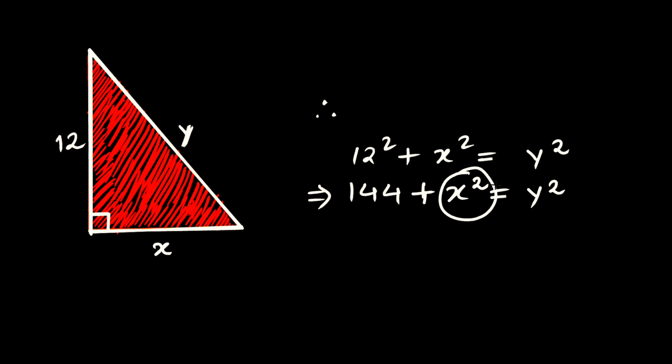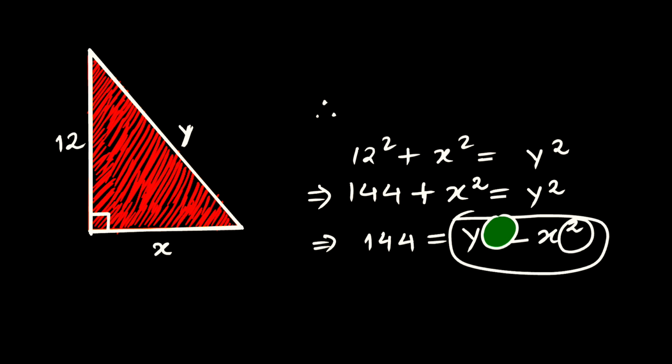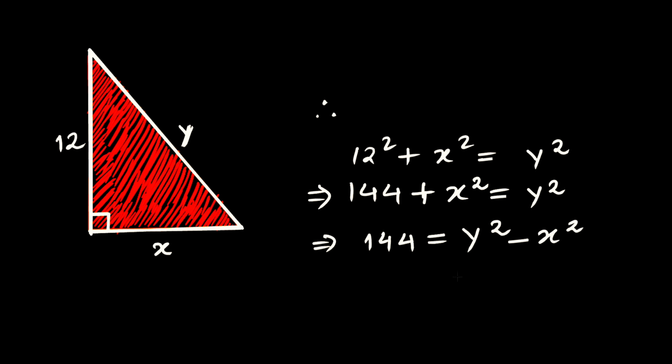Now let's move x squared to the other side. That gives us 144 equals y squared minus x squared. Notice what appears on the right side. We have a difference of squares, and whenever we see y squared minus x squared, we can factor it as the quantity y plus x multiplied by the quantity y minus x.